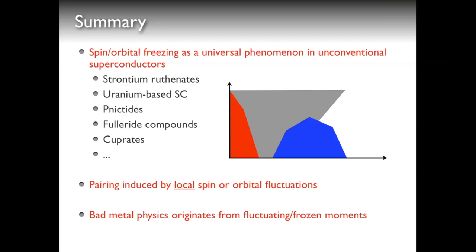However, we have a paper with Antoine and Andy, and first author is H.T. Dang, where we do quantitative LDA plus DMFT calculations on this material, and we point out that what causes the square root of omega behavior comes from the low-lying interband transitions, the low-lying optical transitions. So that causes the square root of omega optical conductivity. I just want to make this comment.